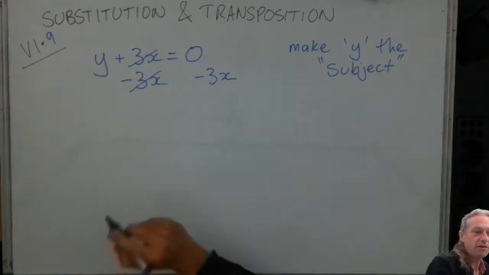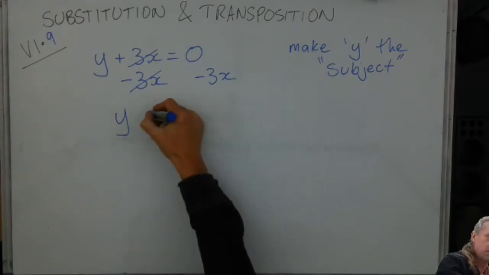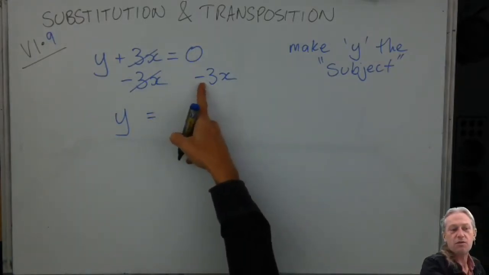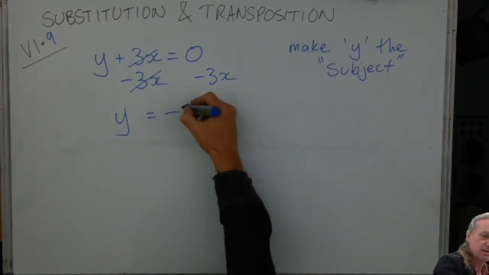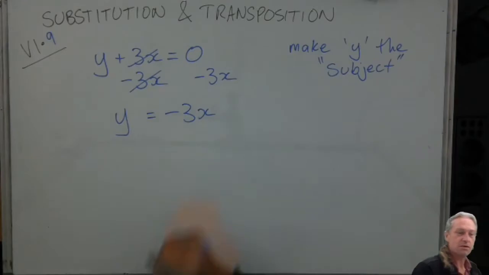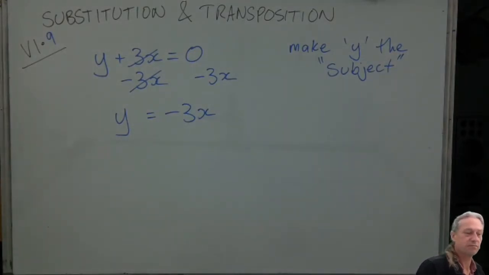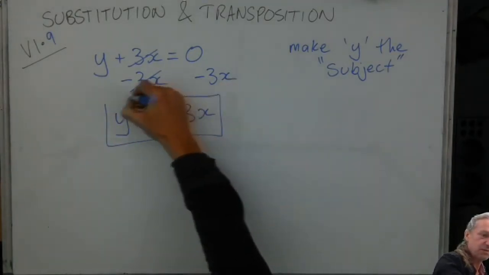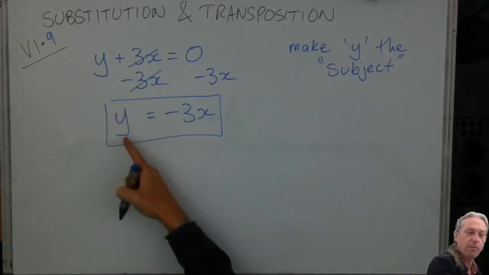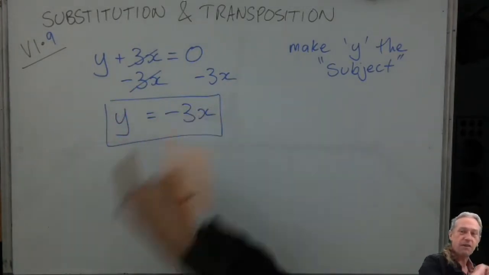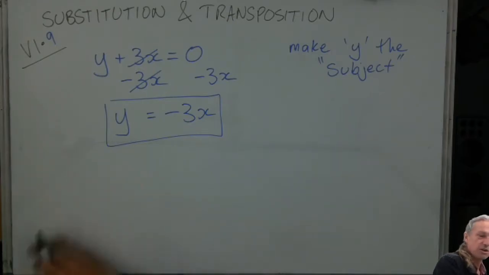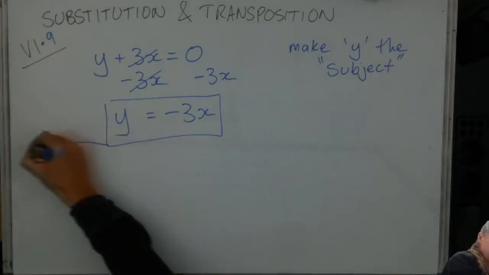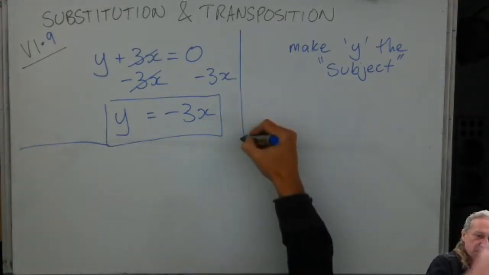It's like y plus 0, so we get y on its own. And don't get confused, we've got 0 and then we're subtracting 3x. So y equals negative 3x. We've made y the subject and everything else is over here. Let's just put a box around that.